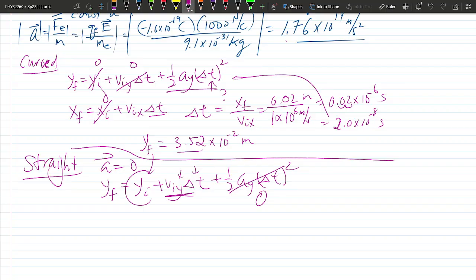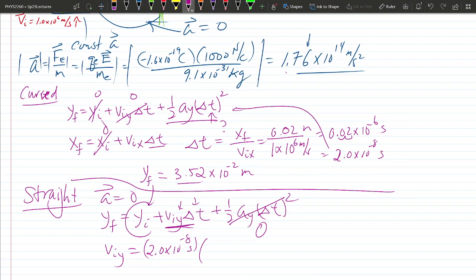So v initial is just the amount of time it got accelerated, 2.0 times 10 to the negative 8 seconds, times the acceleration, which was some big number, 1.76 times 10 to the 14 meters per second squared. Multiply those two numbers together. So it's zipping around pretty fast in the y direction also.